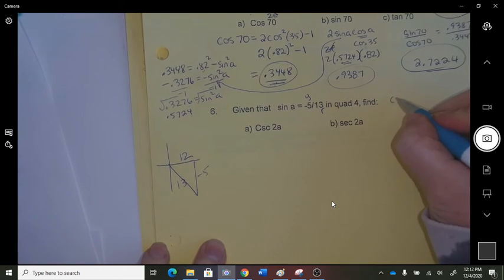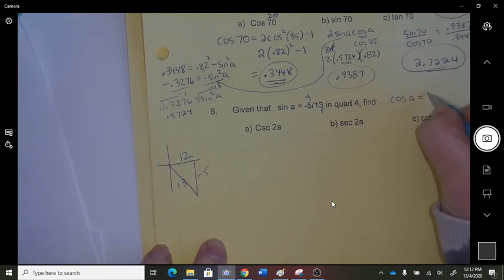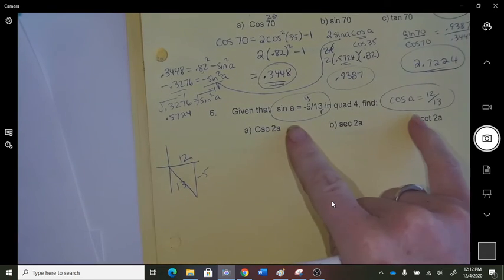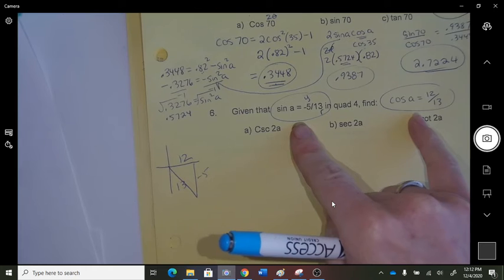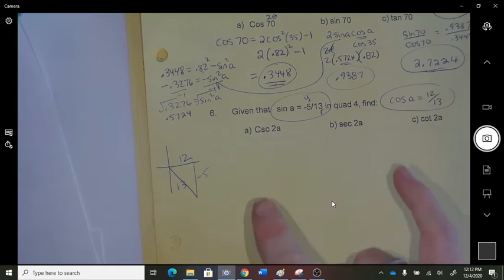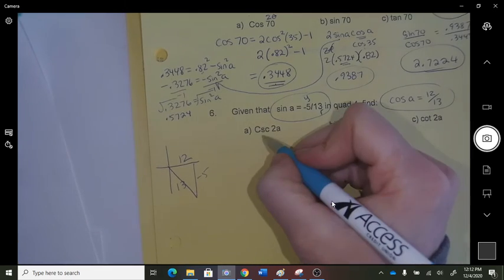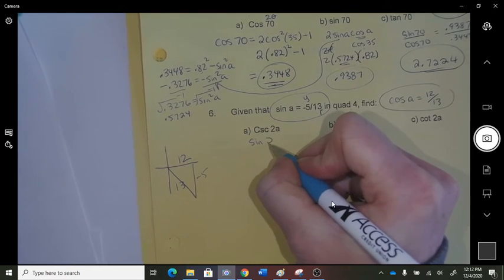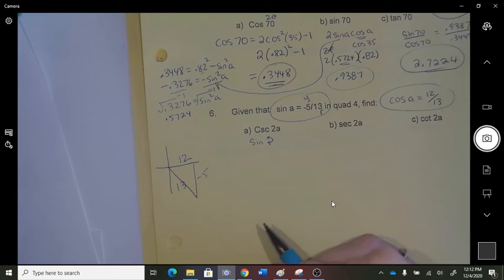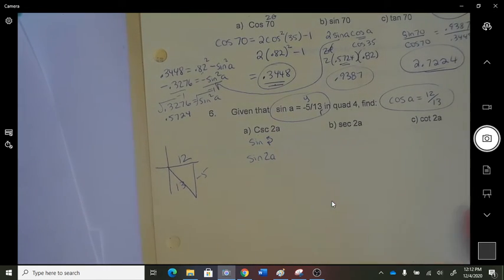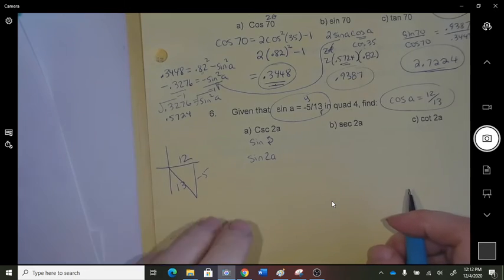Okay, so I also know, so there's our two that we'll probably be using. So the cos is x over the r. Okay, so cosecant, that's the opposite of sine, or the reciprocal of sine. So I'm going to just go, what's the sine of 2a? And then when I'm done, I'm going to flip it around.